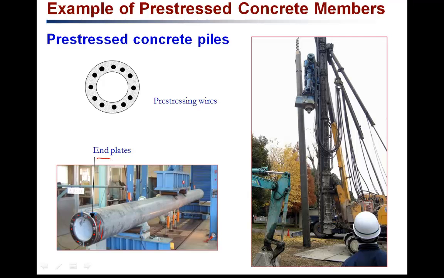And this is the installation of the pre-stressed concrete pile. In fact, this picture is from my PhD thesis, and my PhD thesis was about the lateral capacity of pre-stressed concrete piles, and in fact this is me. So one use of pre-stressed concrete structures is for pre-stressed concrete piles.